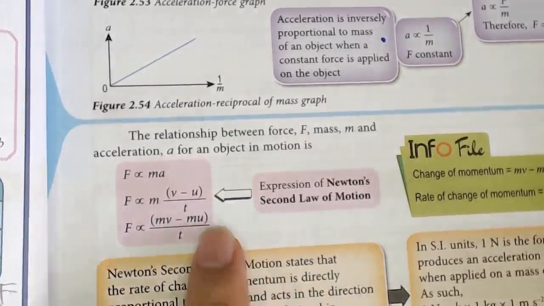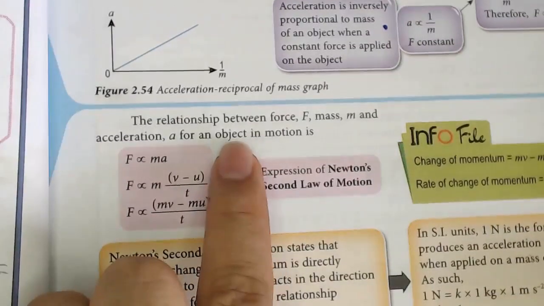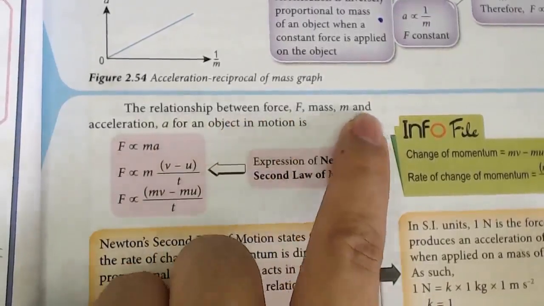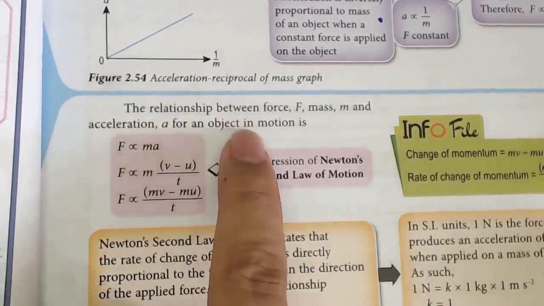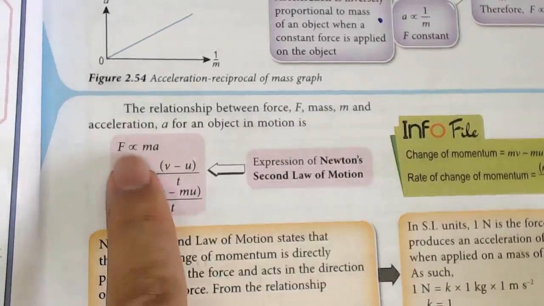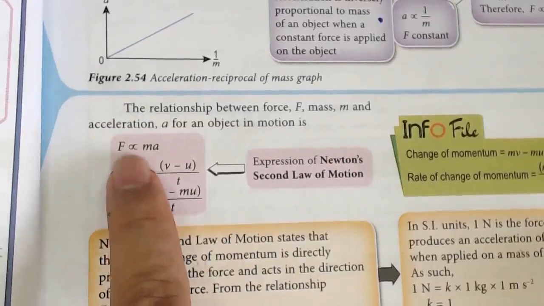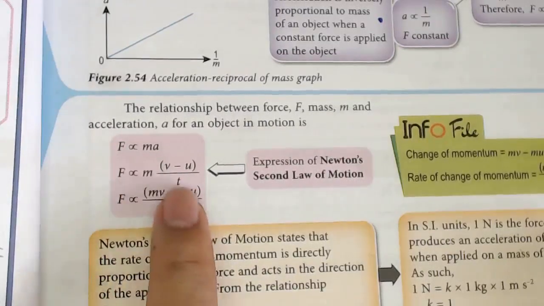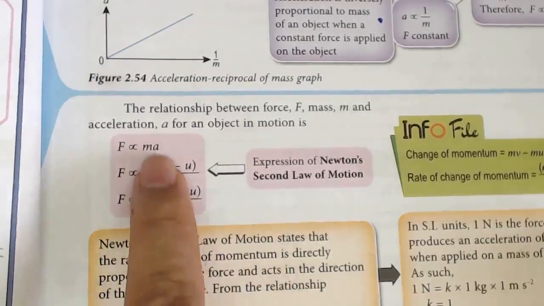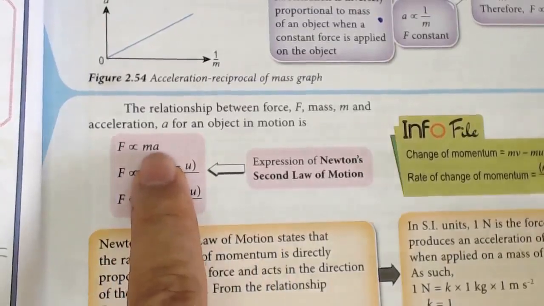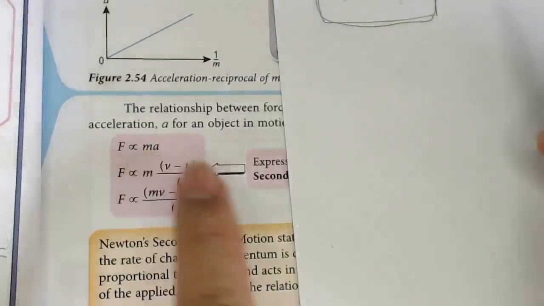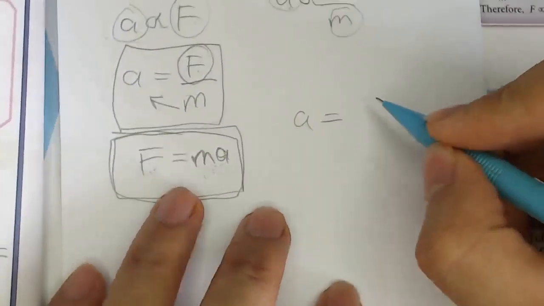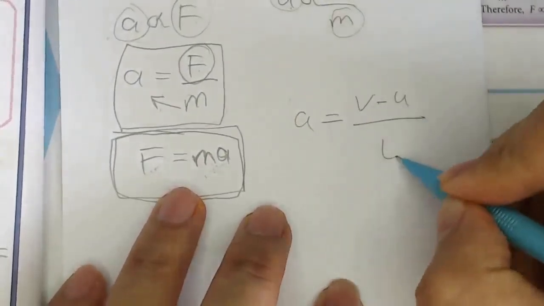Okay, let's continue. The relationship between force F, mass m, and acceleration a for an object in motion is this: F is directly proportional to m and a. If we substitute the value of a here, do you still remember the formula of a? How to find a? We take v minus u divided by t, correct?